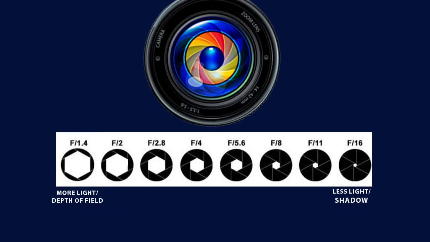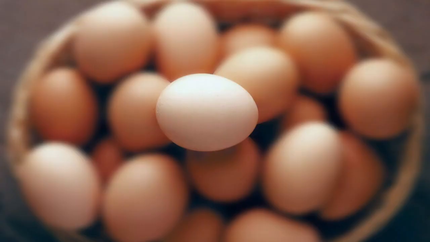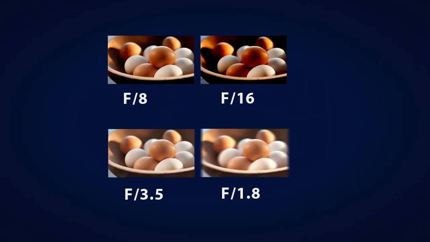Now the lower the number, like 1.4 or 1.8, the more depth of field and the more light your camera receives. The higher the number, like f12 or f16, the less light, and in a way the darker your images are.